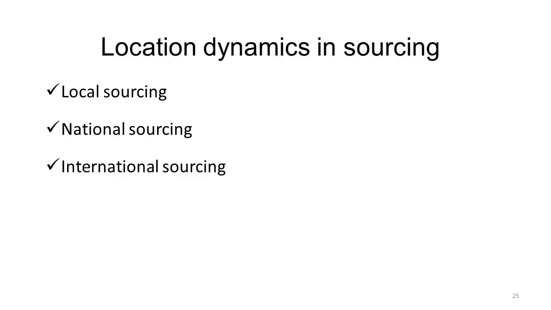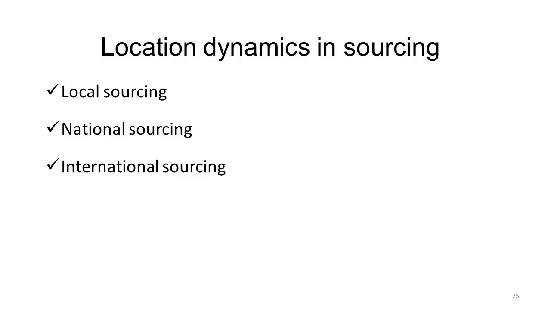But if it is national sourcing within India but not in your city, you can't be going to your vendor's factory every day because they are in some other city, some other state, maybe located 1,000 kilometers away from you. National sourcing becomes a little complex and a little difficult to handle, difficult to monitor and difficult to control. And if we talk about international sourcing, things go beyond the boundaries.